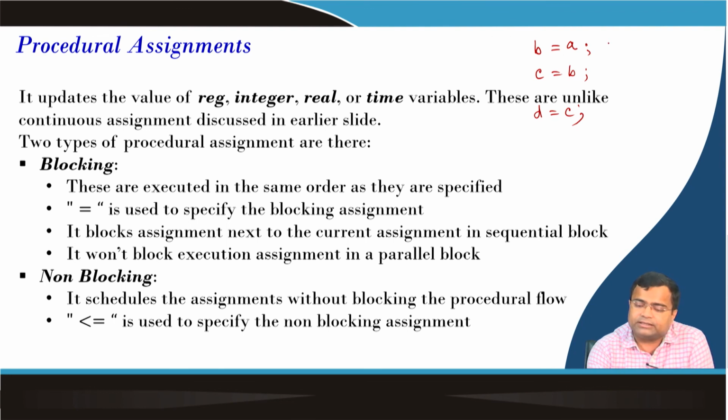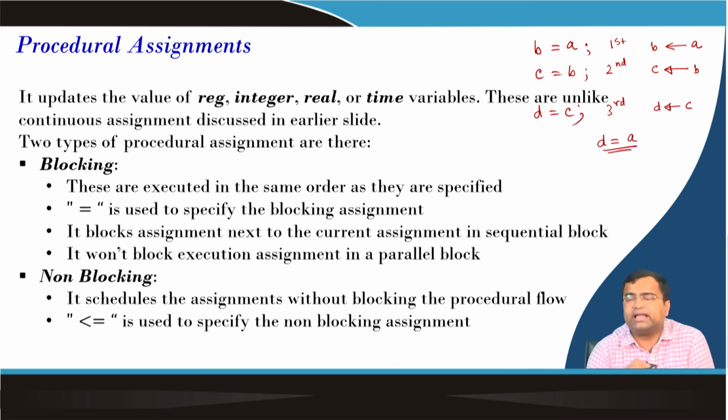That means the first will execute first: B will take the value of A. Then the second will execute: C will take the value of B. Then the third: D will take the value of C. As a result, D will take the value of A at the end. So this is called a blocking statement.